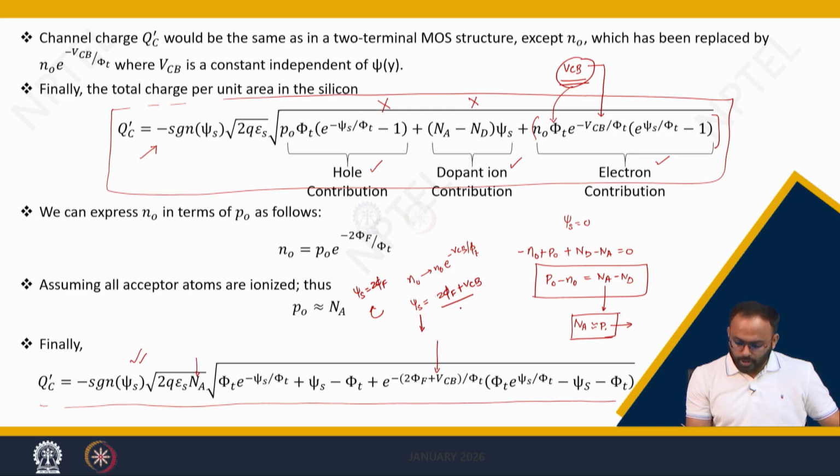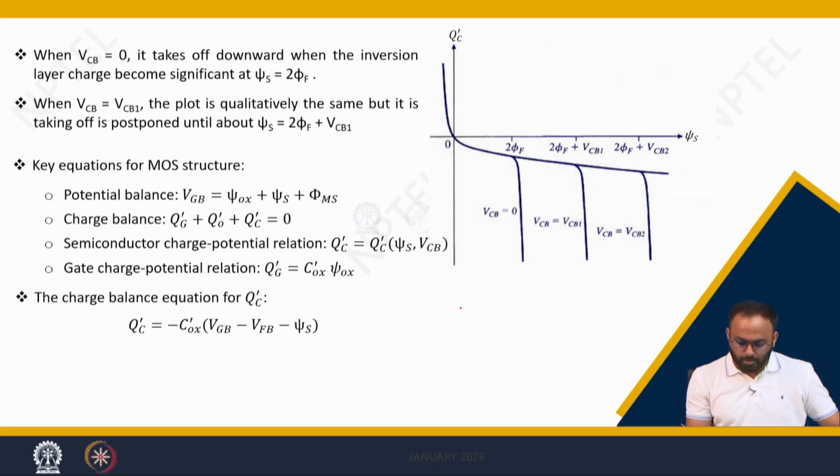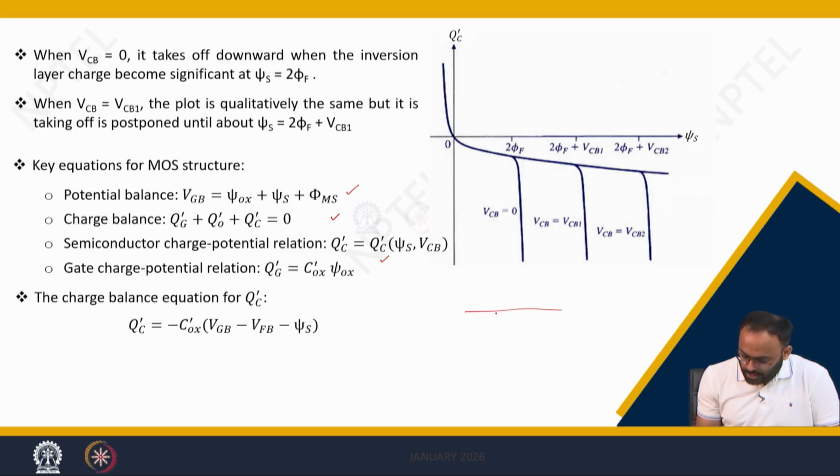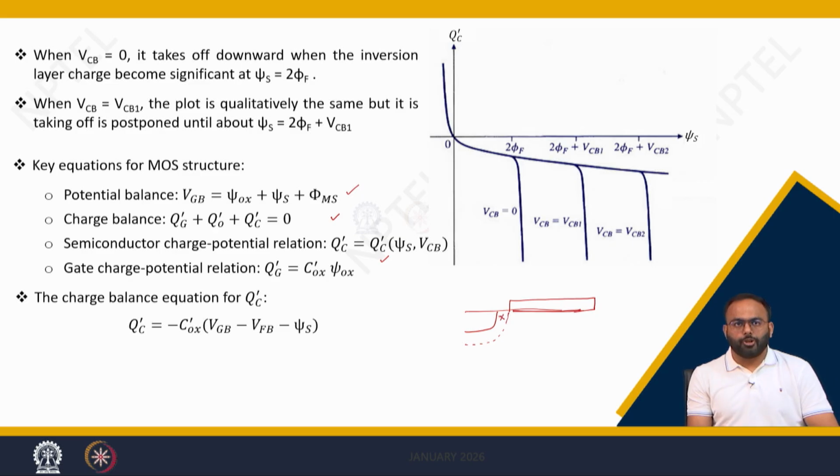Let us see a few more equations related to the 3-terminal MOS structure. The equations that we have written as potential balance and charge balance equations hold good even for the 3-terminal structure, because for simplicity we said that in the 3-terminal structure this junction is very far away from this side of the gate, and hence we considered that the length of the gate is very large, so that the corner effects are not introduced.